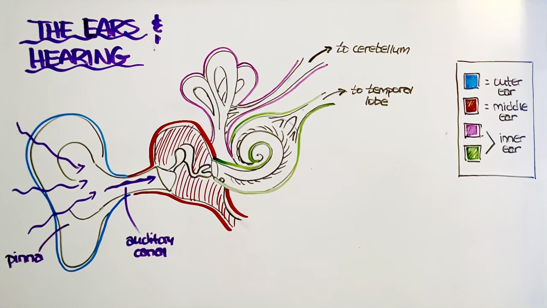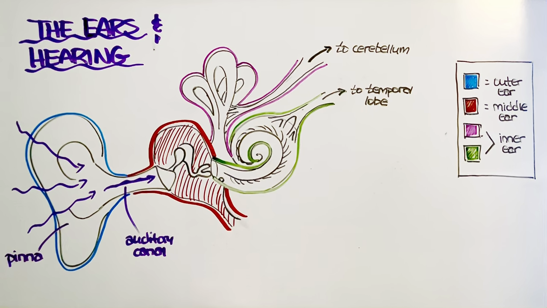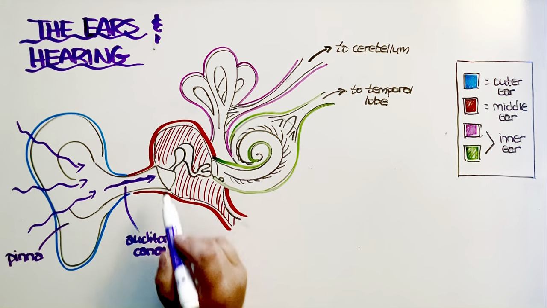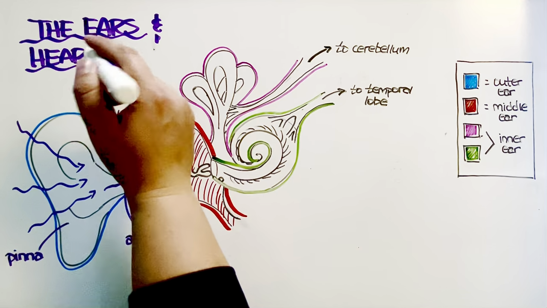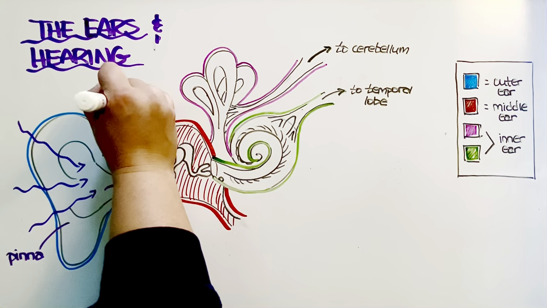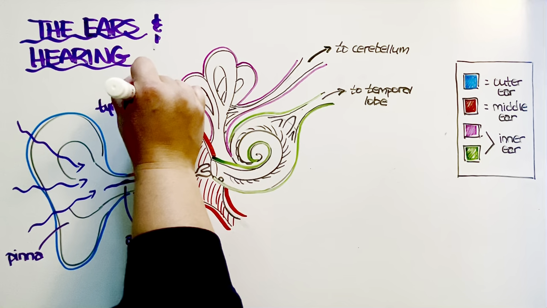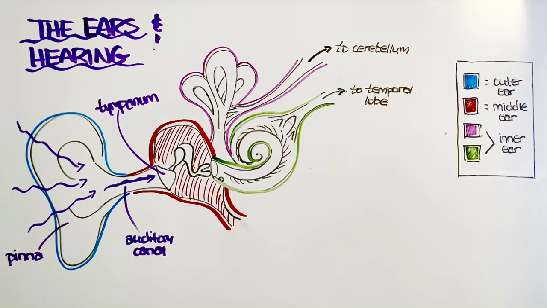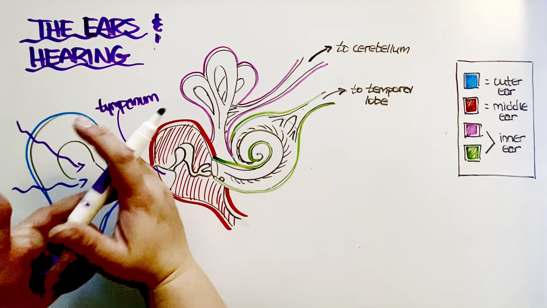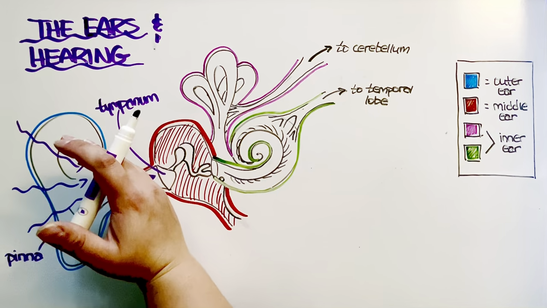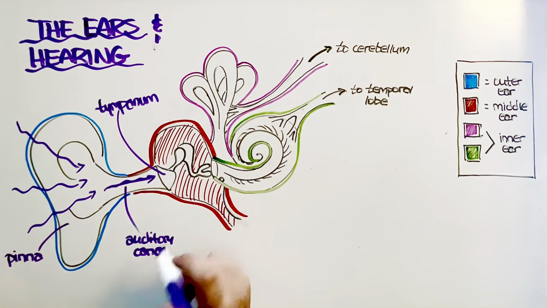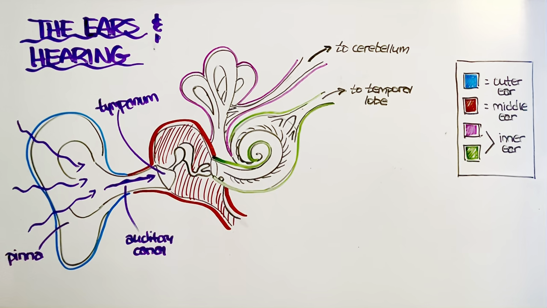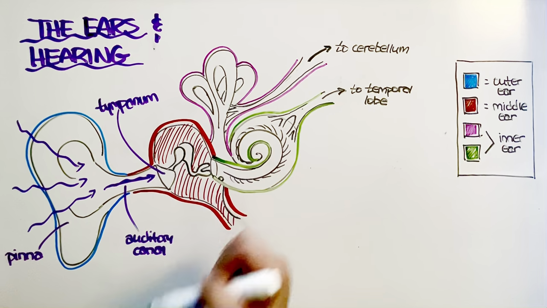Now, once those wavelengths are funneled into the auditory canal, the first structure that they're actually going to interact with is this band of tissue or this membrane called the tympanum. You've probably also heard this referred to as the eardrum. And the whole goal of the eardrum is to take those waves of sound that are pushing against it and push against more things. So when the sound waves push against the tympanum, it's going to push against this first teeny tiny bone in the middle of our ear.